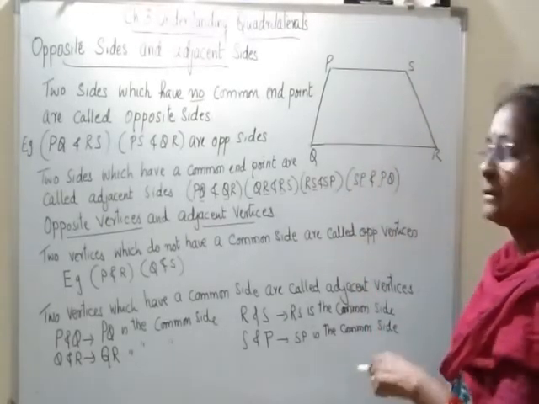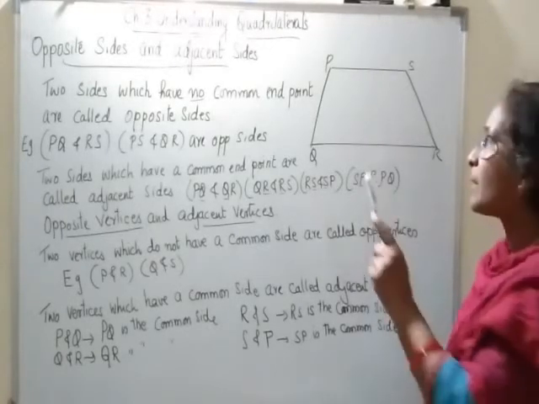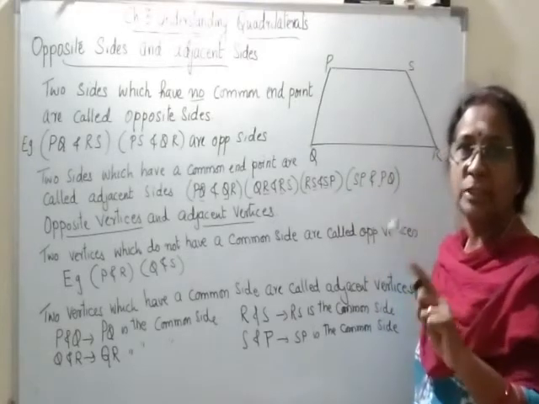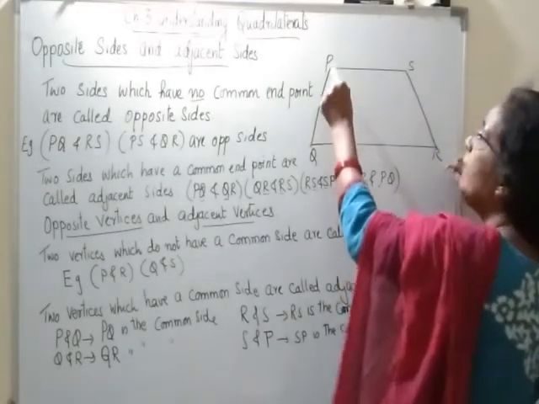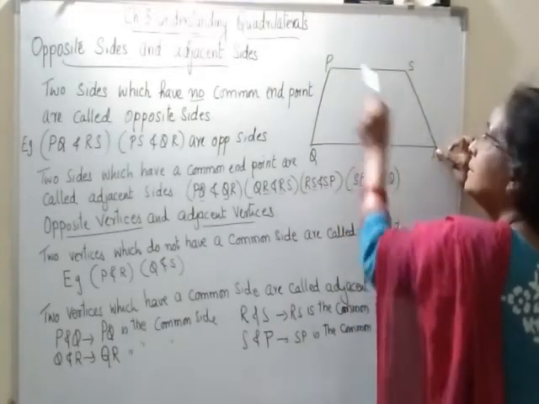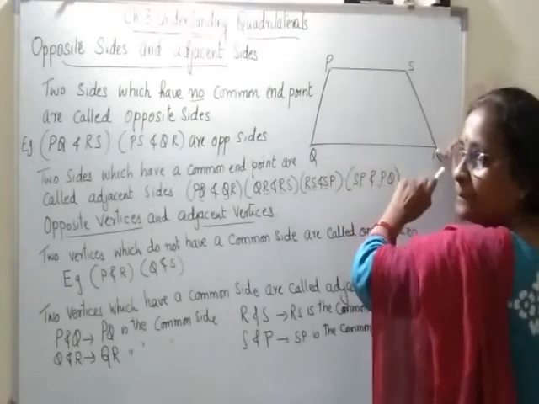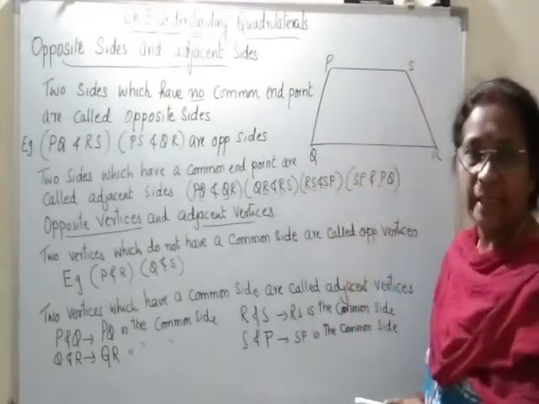Okay. Now opposite vertices. Opposite vertices means those 2 vertices which have no common side. You see here, if you take this vertex and this vertex, P and R, there is no side connecting them. Similarly, Q and S are opposite vertices.